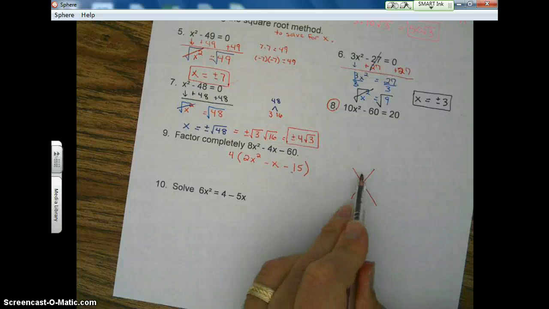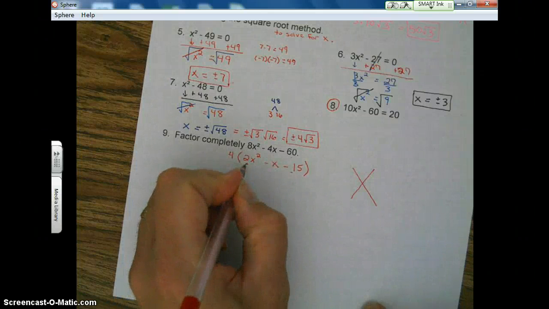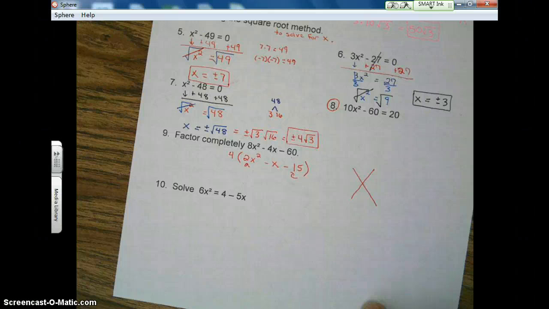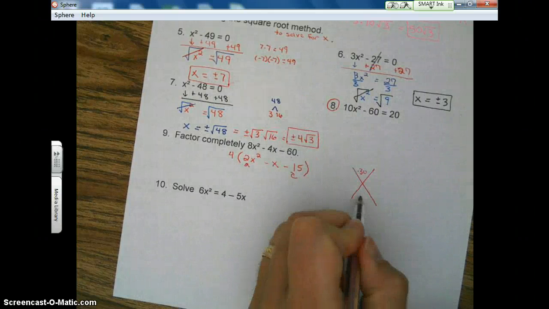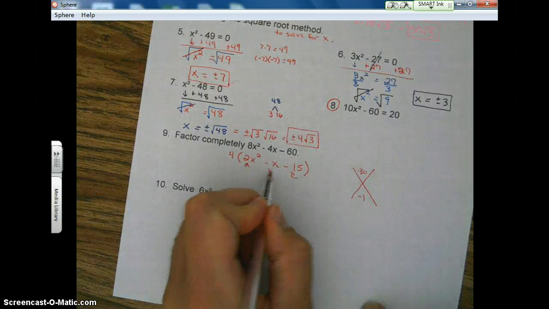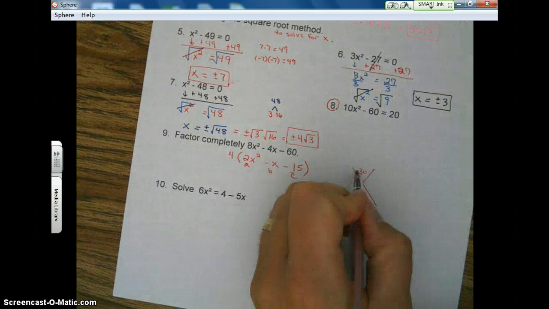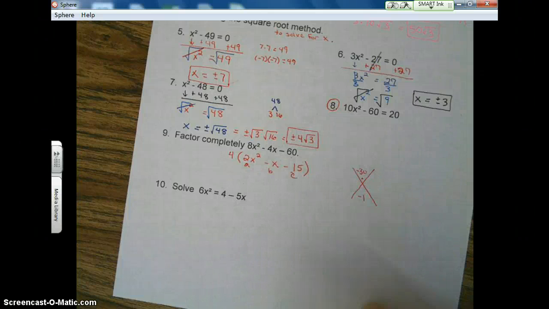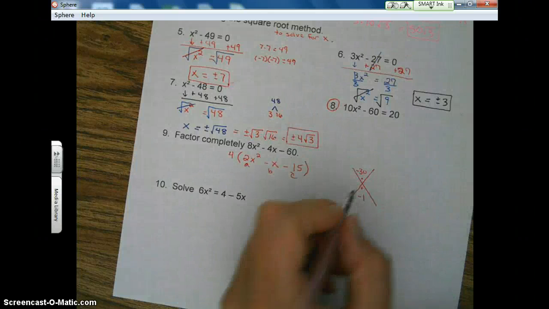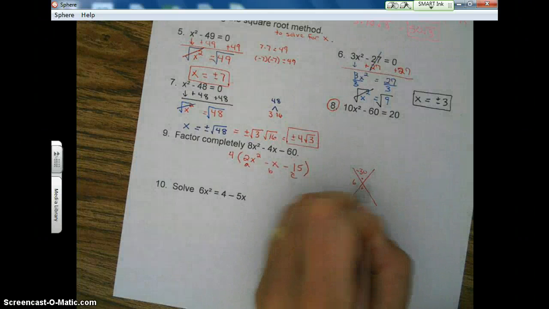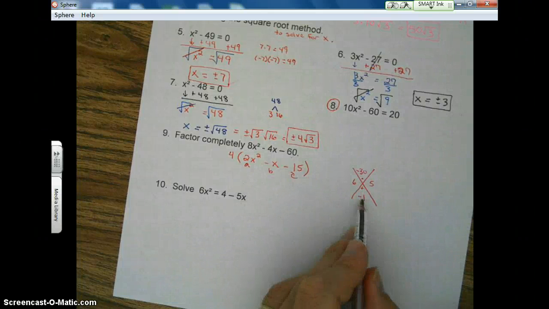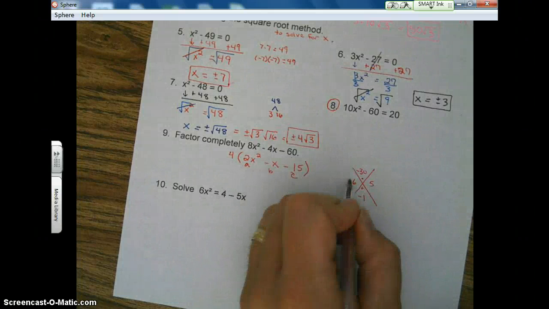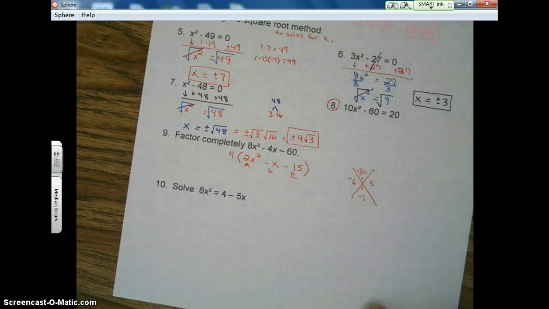So to get our top number, we take our a value times our c value. Our b value goes below. Two numbers that multiply to give us negative 30 and add to give us negative 1. So I'm thinking 6 and 5. And I'm thinking I want a negative 1 when I add them. So I'm thinking a negative on the 6.